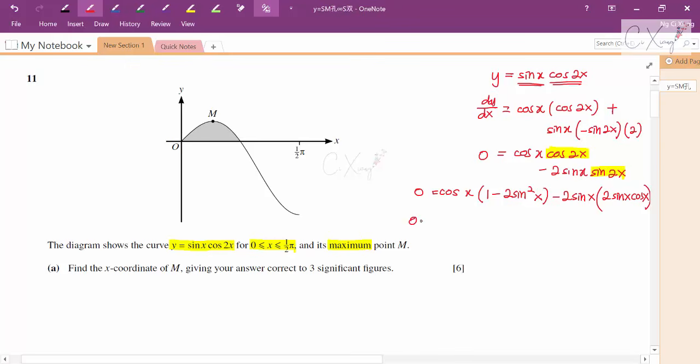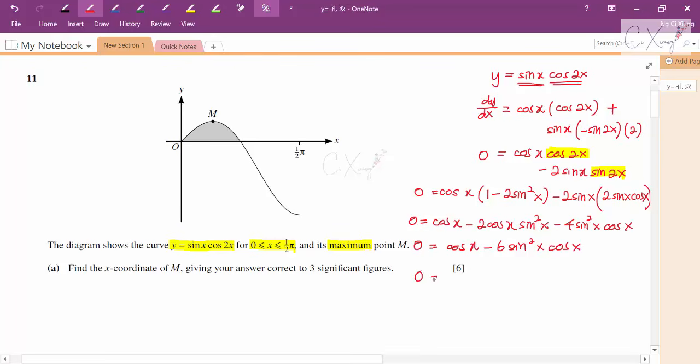Again, if I expand and rephrase everything, I will have minus 4 sine squared x cos x. From here, if I rephrase and simplify, I will have negative 6 sine squared x cos x.